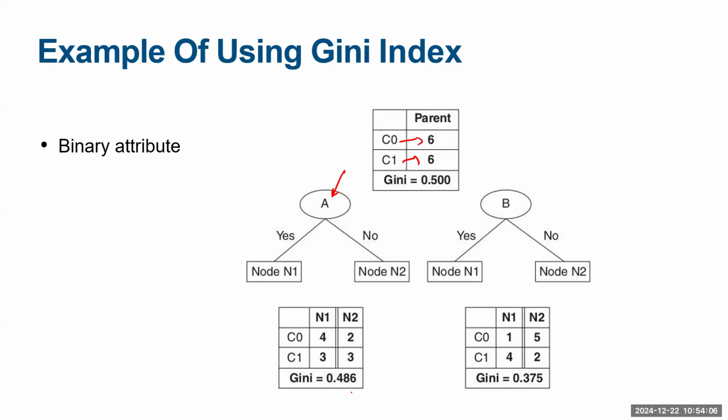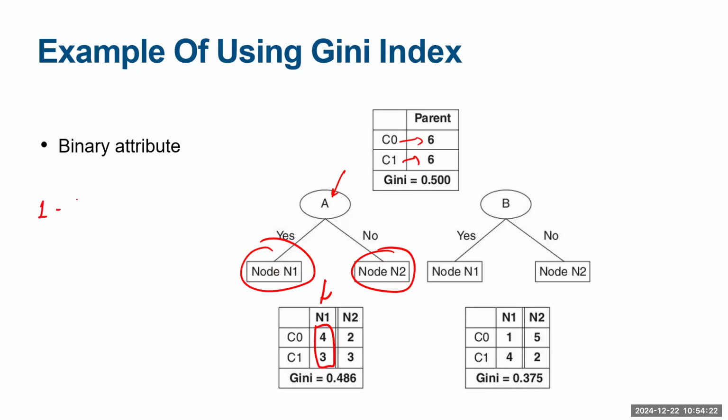So how do I arrive at these numbers? I have node 1 and node 2, so two nodes. For node 1, I have the 4-3 split.